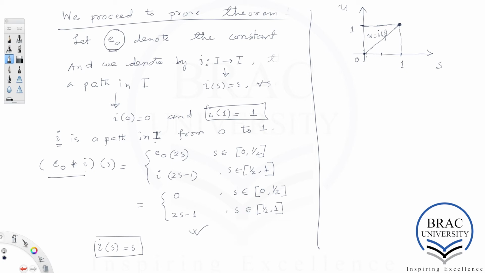So from 0 to 1 half, this is a horizontal line lying on the S axis, and from 1 half to 1, it is the line y equal to 2x minus 1, which is represented by this line segment.